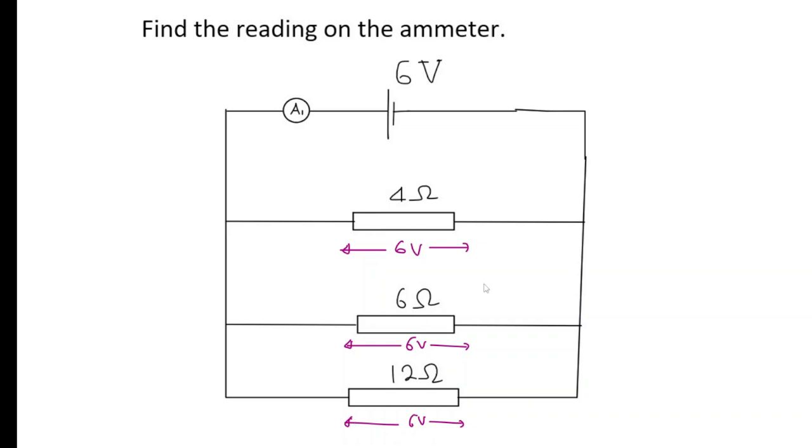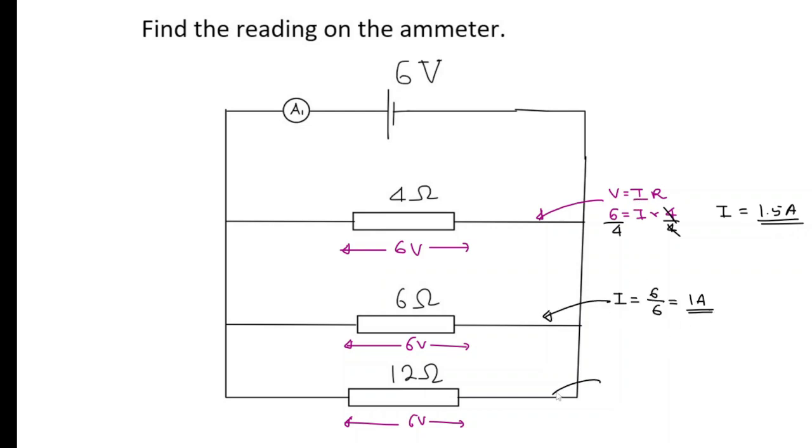Now, to find the current in each branch, I'm going to write V is equal to IR. So I can say V is 6, I don't know, R is 4. Divide both sides by 4. And you can see in the first one, the current here is 6 divided by 4, which is 1.5 amps.